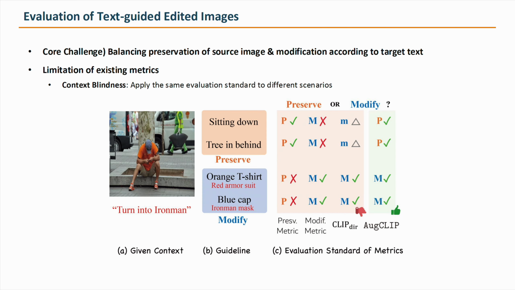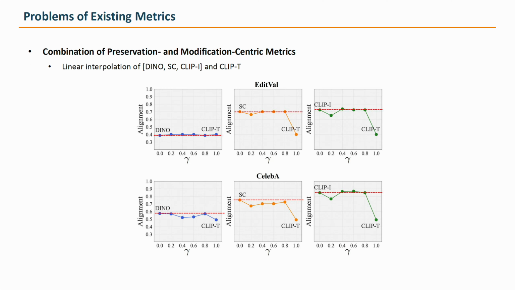However, these approaches share a common flaw, which is they are context blind. They apply the same evaluation rule to every editing scenario, regardless of whether a large change or a minor one is appropriate. This motivates the need of a context-aware evaluation method, one that can adaptively balance preservation and modification depending on the situation.